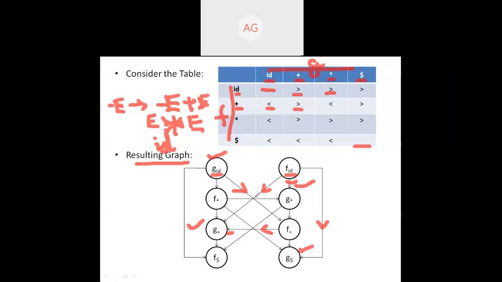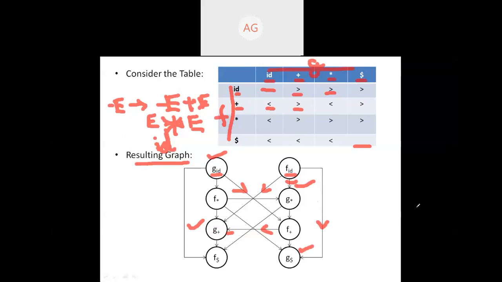So in this graph also you have 14 edges, which are pointing according to the precedence. So this is the function table graph basically, and it is constructed from the operator precedence parsing table. Just remember this graph, because from this graph we need to prepare the function table.